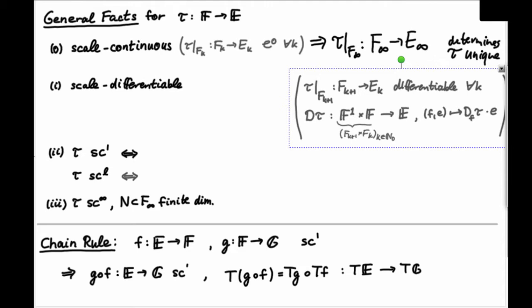So I want the shifted map differentiable for all k, and then I want the differential to extend. So at a point in F_{k+1}, I want it to actually be a linear map not from F_{k+1} to E_k, but from F_k to E_k. That's somehow this notion here.